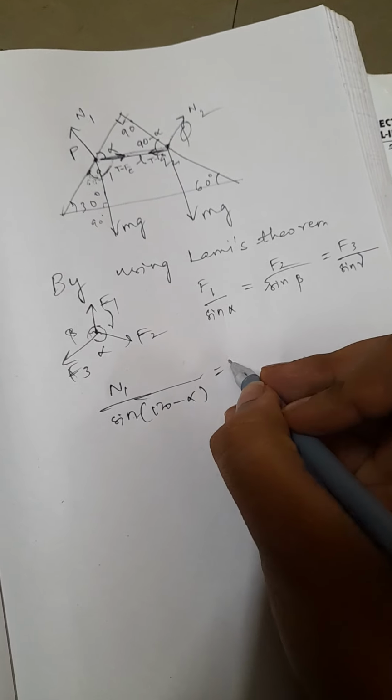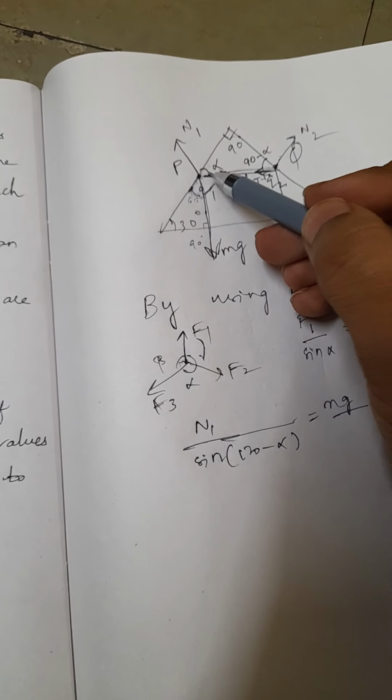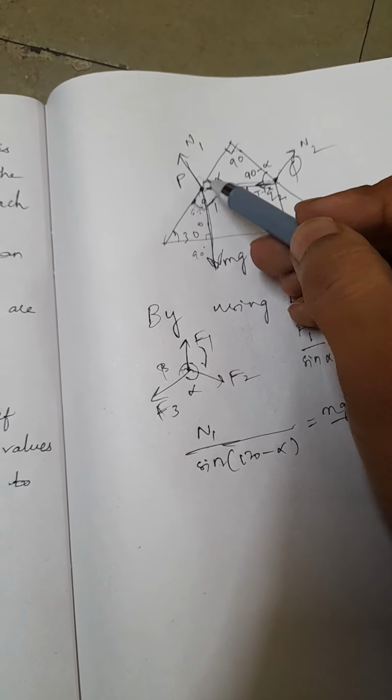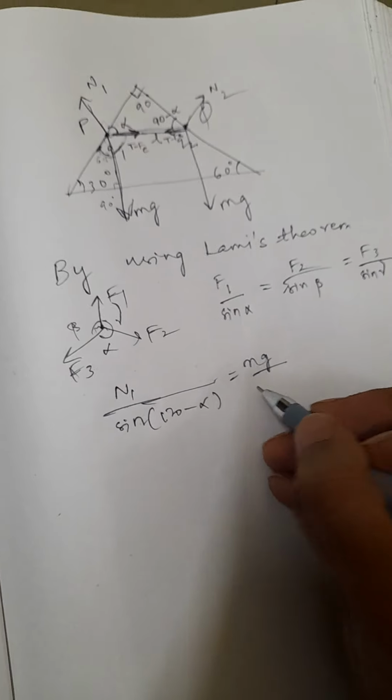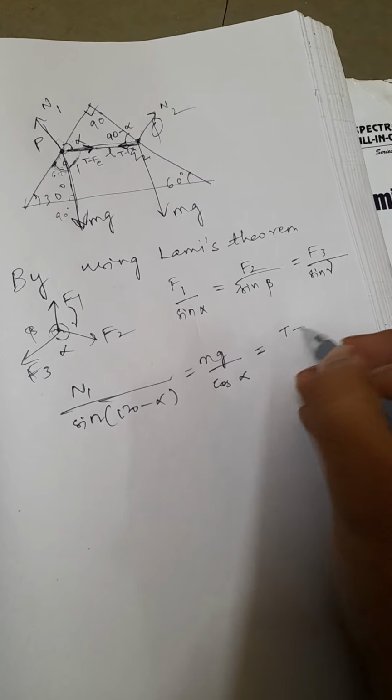Afterwards we take mg divided by the angle between N1 and this force, which is 90 plus alpha, and sine of 90 plus alpha is cos alpha, which is equal to T minus Fe.